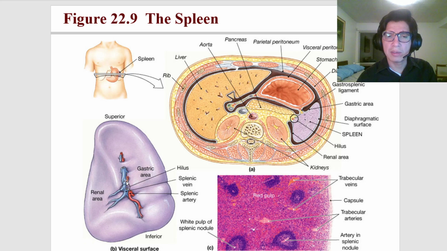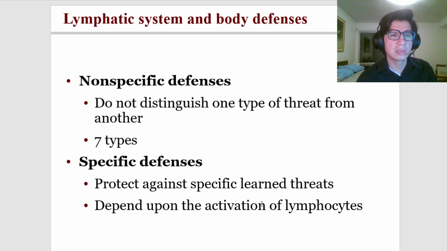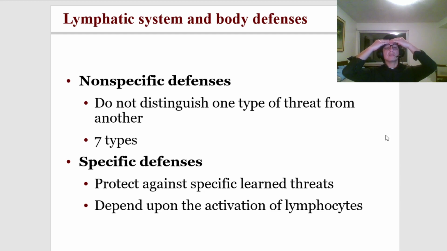So here you have the vascularization provided by the splenic artery. All of these infoldings and marks in the spleen are going to be from its boundaries, its surroundings.